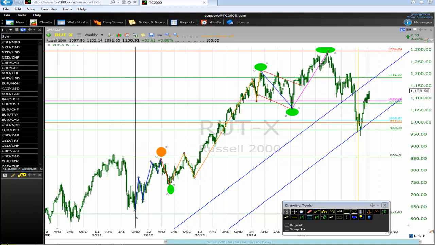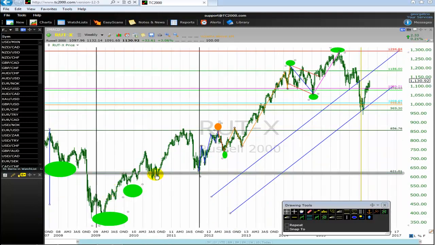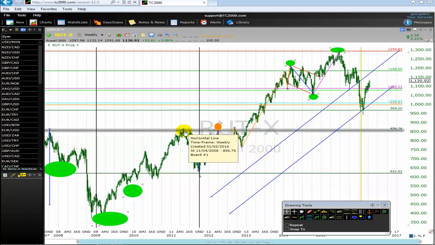So this is my preliminary wave count for the Russell 2000, talking about practical Elliott wave technical analysis. As we started counting the wave, we counted this one as the first wave, but because the second wave has cancelled the first wave, we restart counting our wave. Now we have a new, freshly built first wave, which has been subdivided into 5 minor waves.